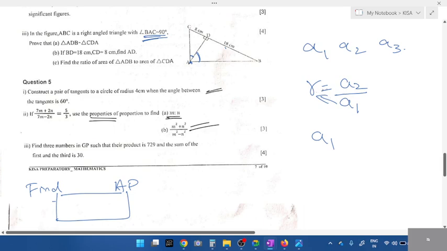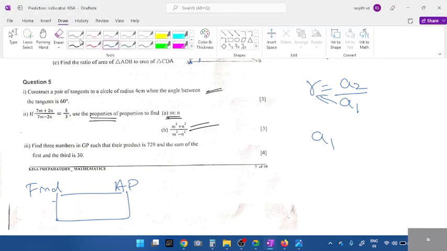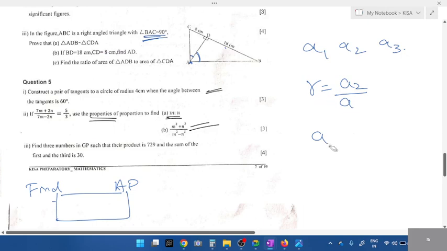R value, if you want to find A2 value, it is A2 by R. No, no, like this. I'll take the first number as A. Second number, I don't know what the second number is, I'll take it as X. So what is R value? R value is equal to second divided by first one, X divided by A.